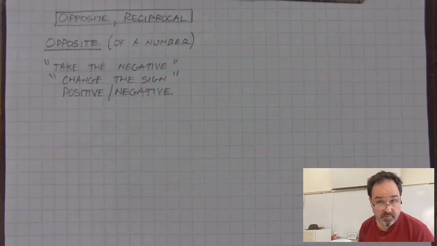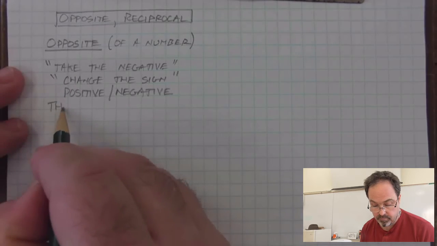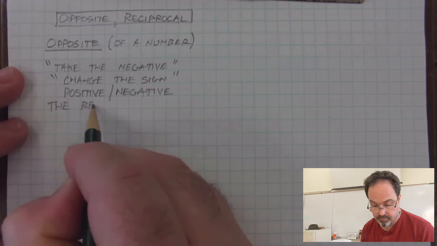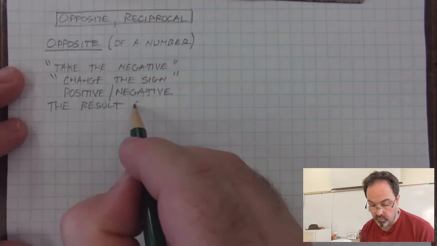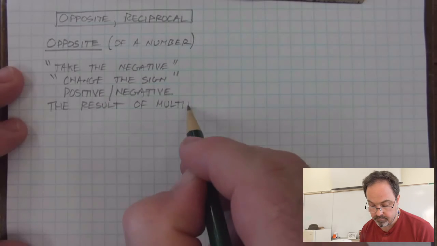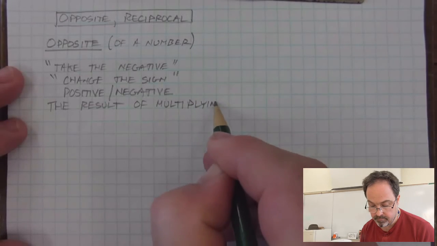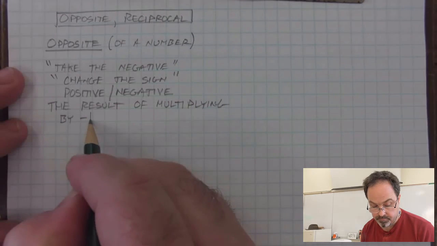But what the opposite is, and what we mean by it mathematically, is the result of multiplying by -1.